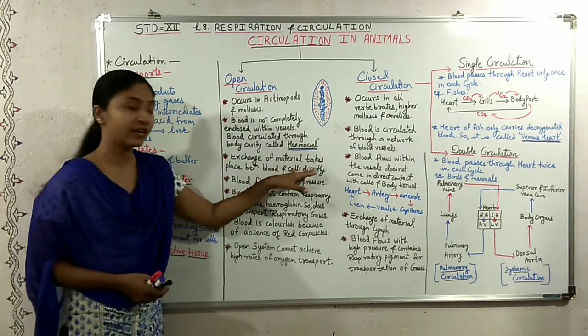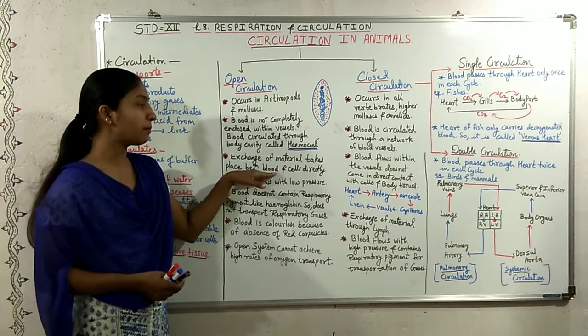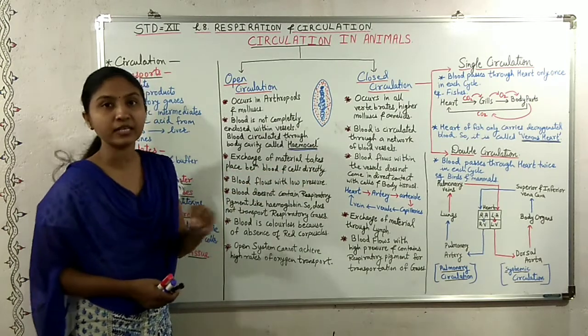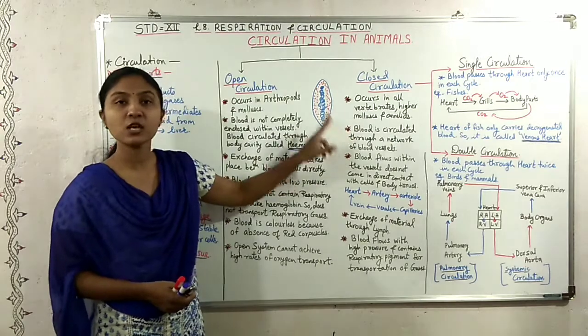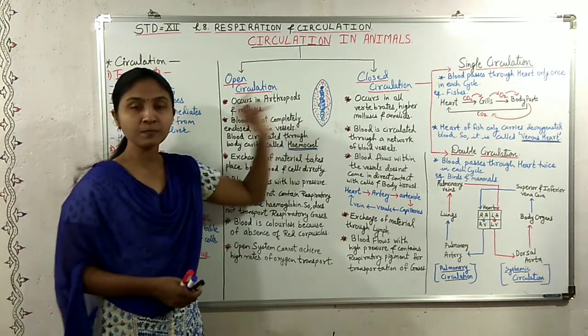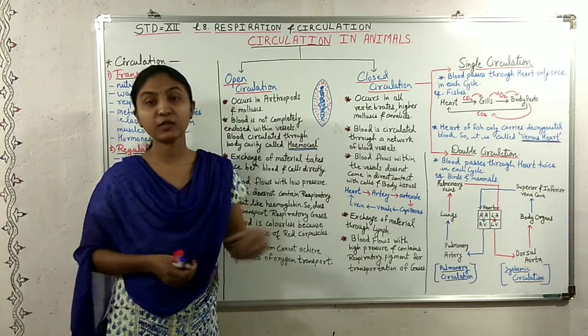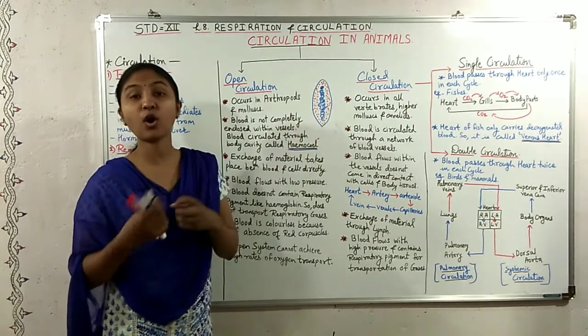Exchange of materials takes place between the blood and the cells directly. As there are no blood vessels, the blood flows openly and comes in direct contact with the cells of the body or the organs.